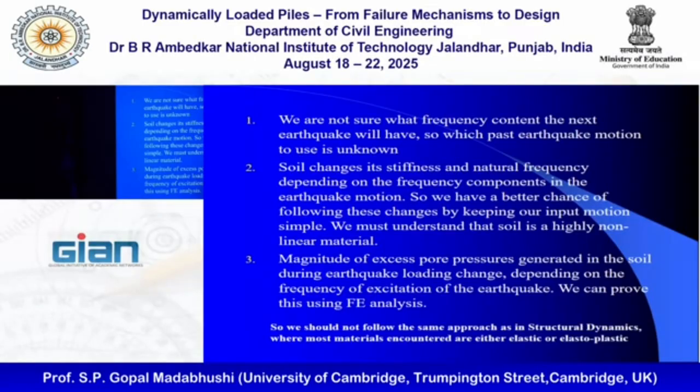And also, since this whole course is about failure mechanisms and how we understand failure mechanisms and use them for design, if you do the sinusoidal motions, it's so much easier to identify the failure mechanisms. I'll show you some example in the lecture after tea.